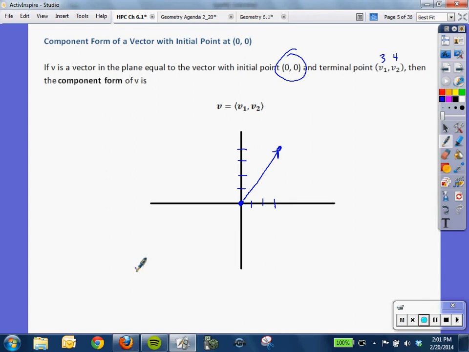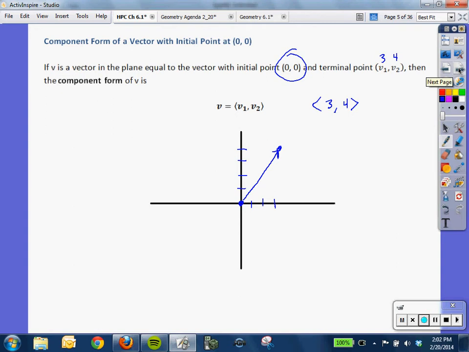And the vector in component form would be represented as <3, 4>. So this is known as the component form of a vector. And in our next example, we're going to look at different types of component form.